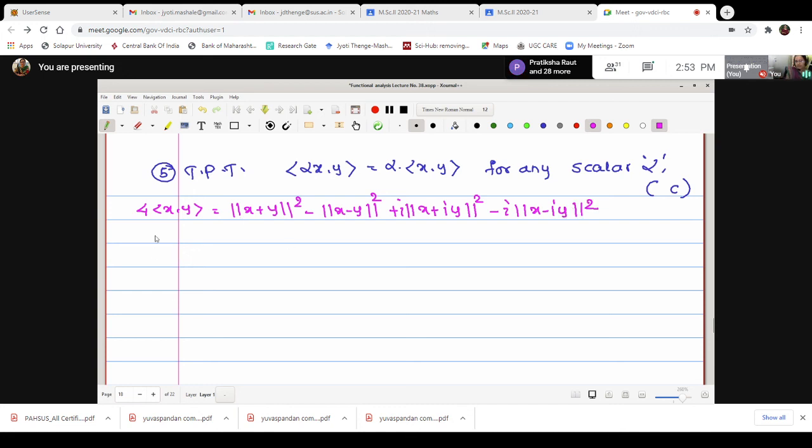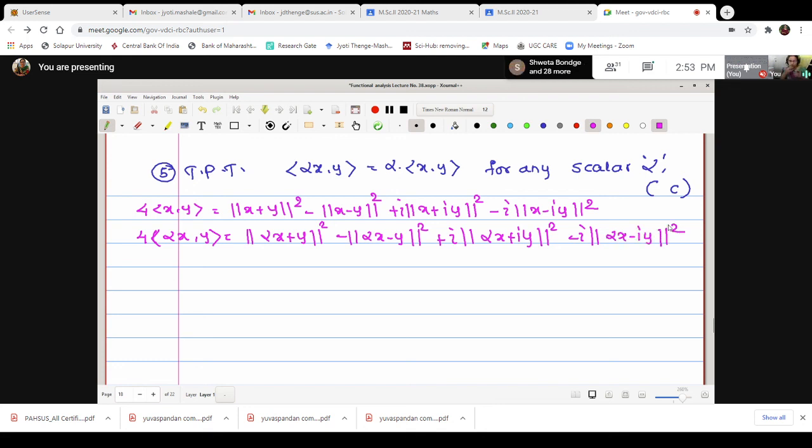If we replace x by alpha x in the definition, then this is norm square of alpha x plus y minus norm square of alpha x minus y plus i times norm square of alpha x plus iy minus i times norm square of alpha x minus iy.